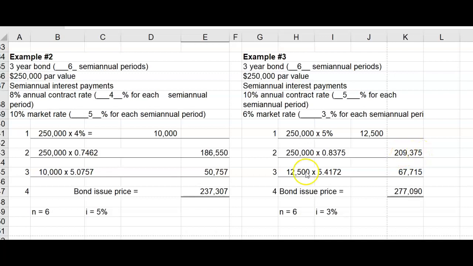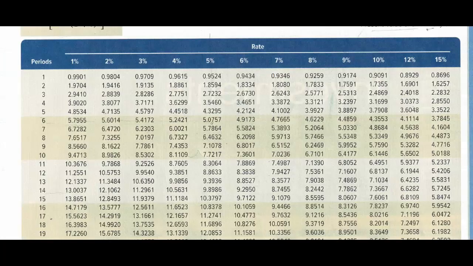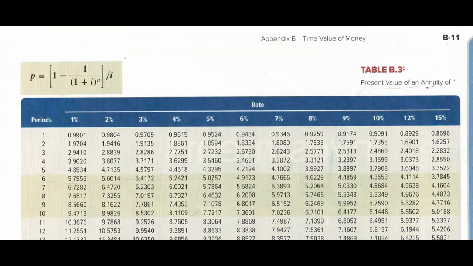equals $209,375. Step 3, multiply 1 bond interest payment times a factor from table B3, where N equals 6 and I equals 3%. Table B3, present value of an annuity of 1, where N equals 6 and I equals 3%.